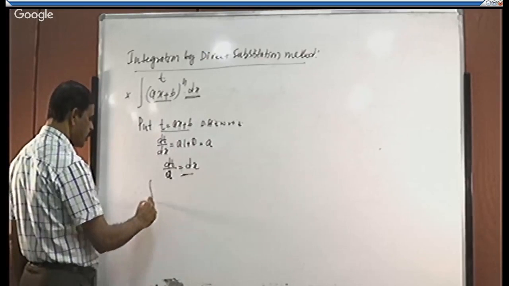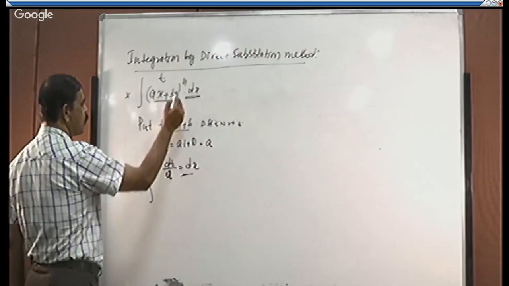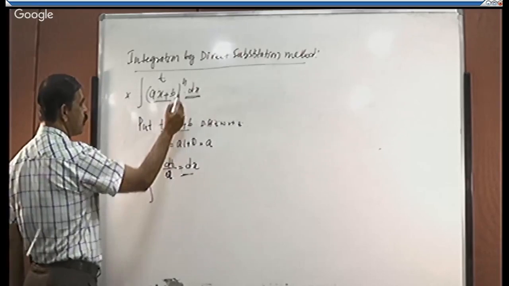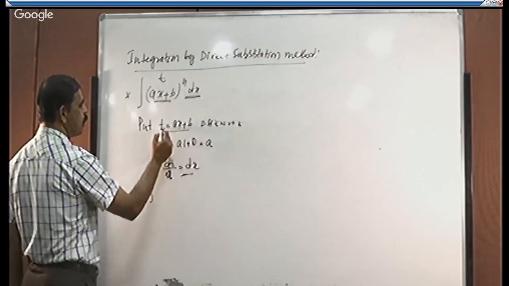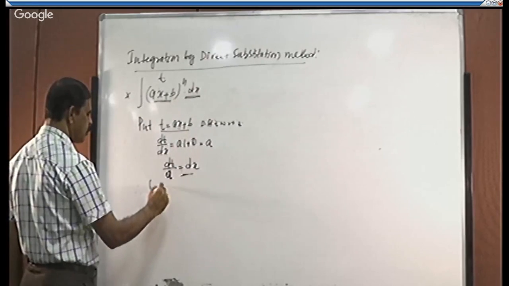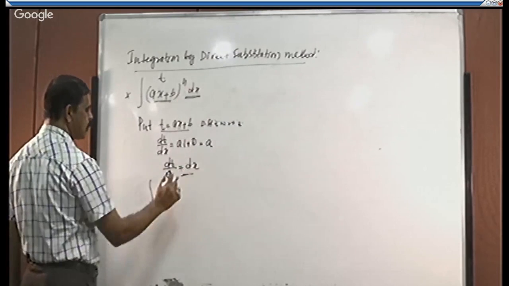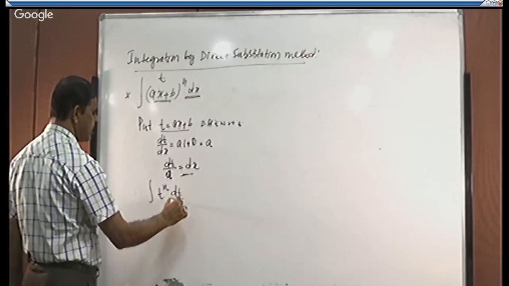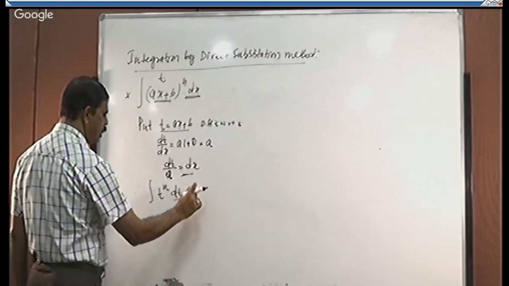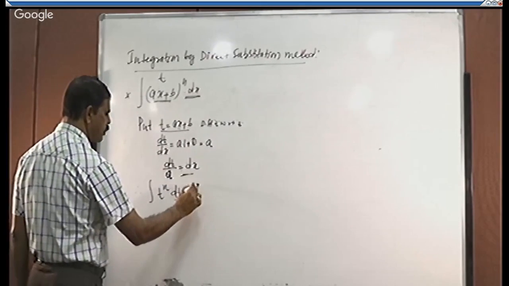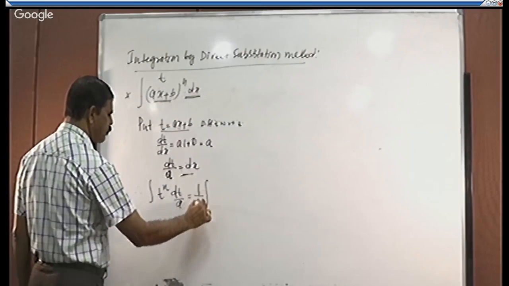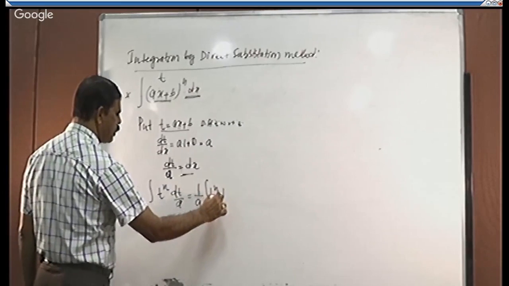Therefore, the problem becomes: (ax plus b) to the power of n is t to the power of n. Correct? ax plus b is t. Therefore, it is t to the power of n. What is dx? dx is nothing but dt divided by a. Take a outside. It is a constant, so you can take it outside. What is remaining? t to the power of n dt.